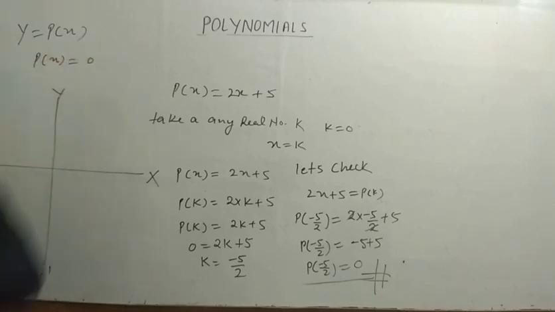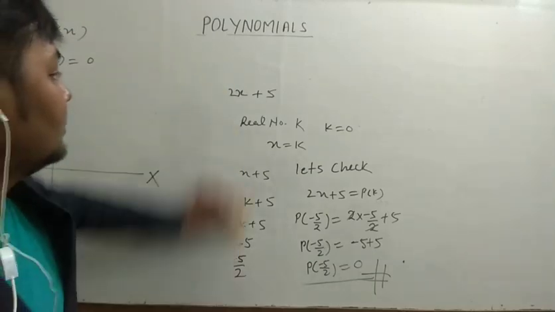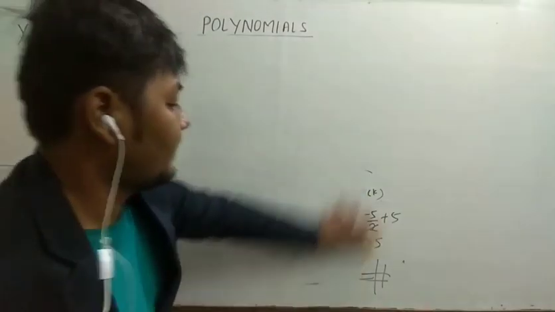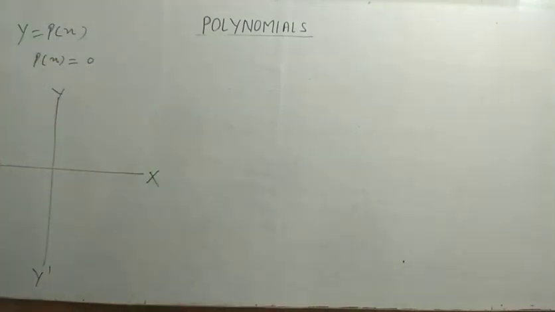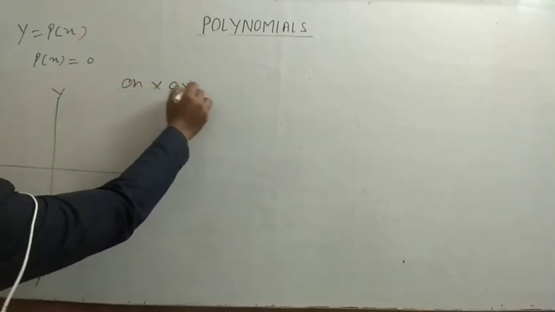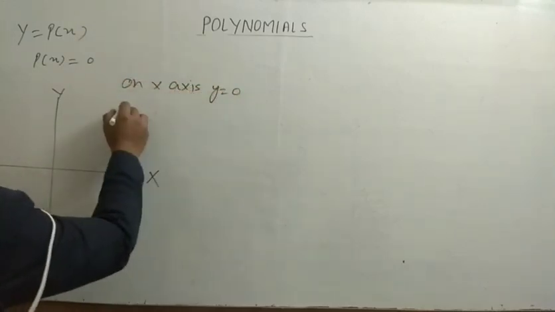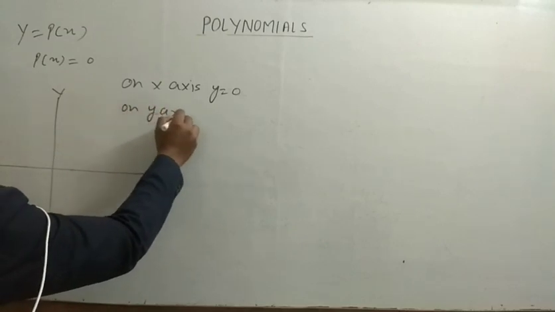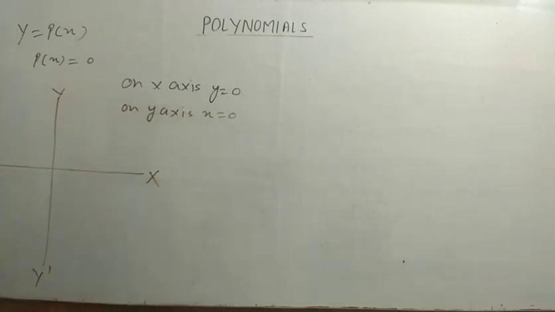So p(x) should be 0. Then remember one thing: on the x-axis y is equal to 0, on the y-axis x is equal to 0.